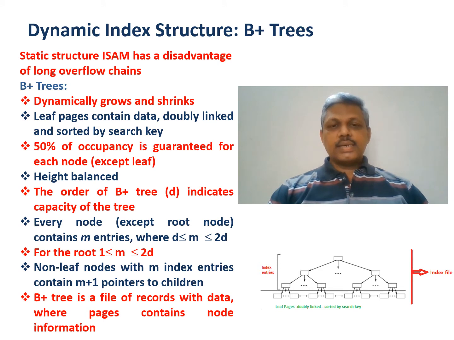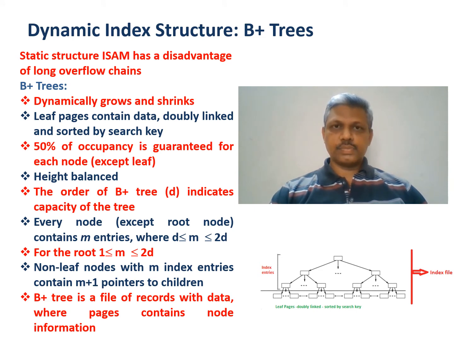So just like in ISAM, every node will have keys and pointers to the children. And the leaf node contains the data records or pointers to the data records. Another important feature of B+ trees is that the leaf nodes form a doubly linked list, unlike in ISAM. This facilitates range queries, whereas ISAM doesn't support range queries.